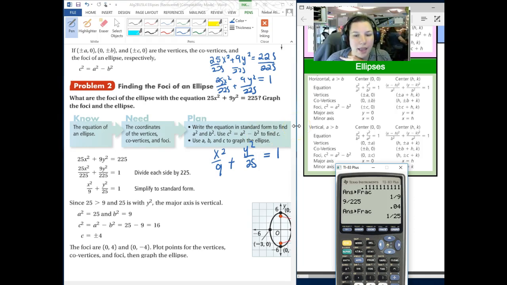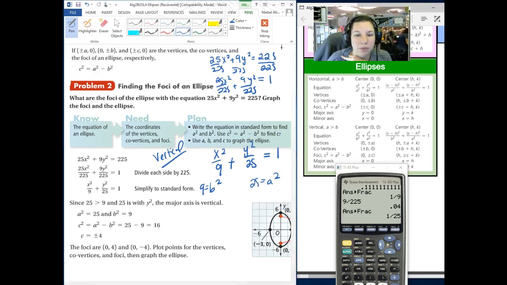Remember that a is always the larger value. So this means that 25 is a squared and 9 is b squared. I'm matching it up. So that means that this is a vertical ellipse. Okay, so notice if it was horizontal, it would be x squared over a squared.